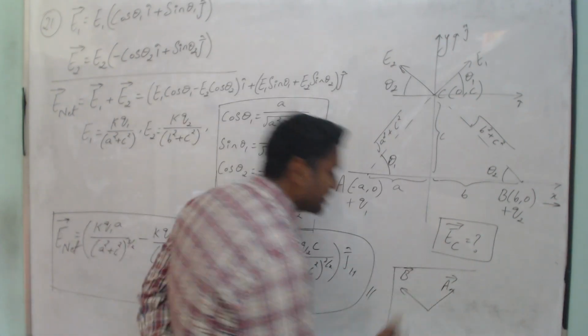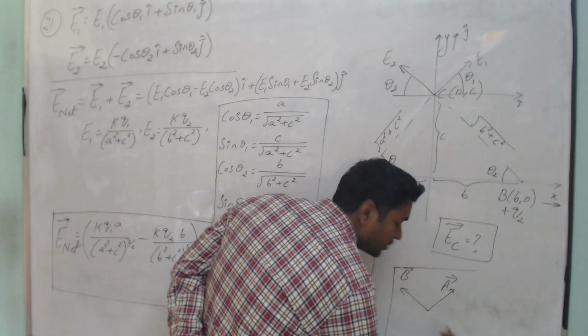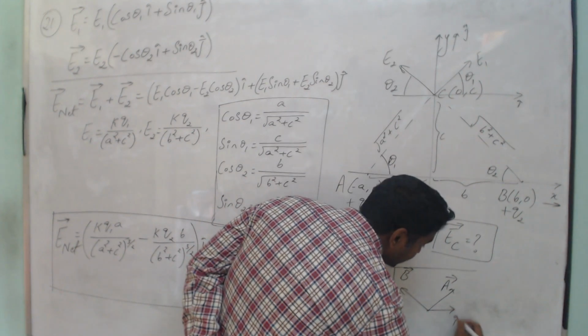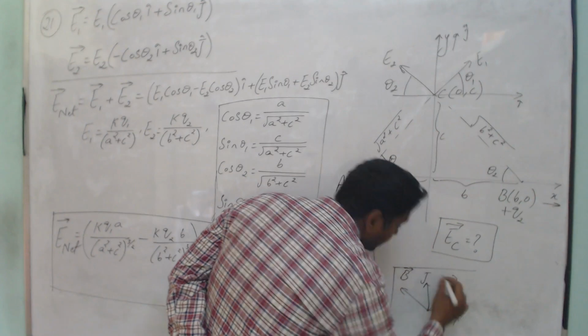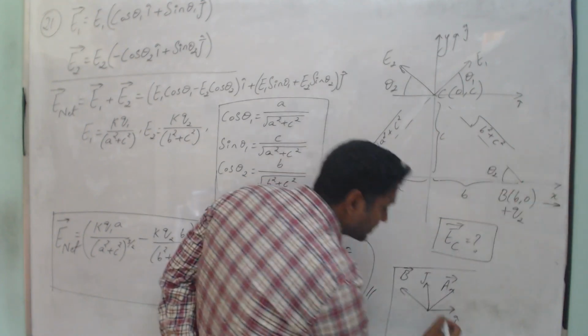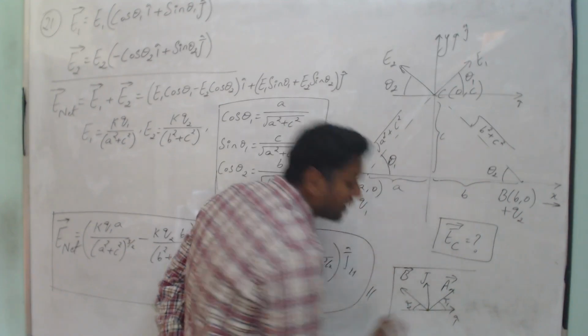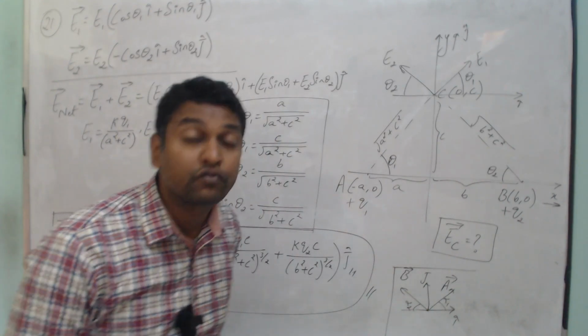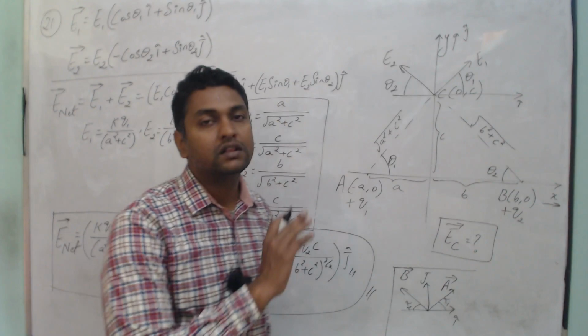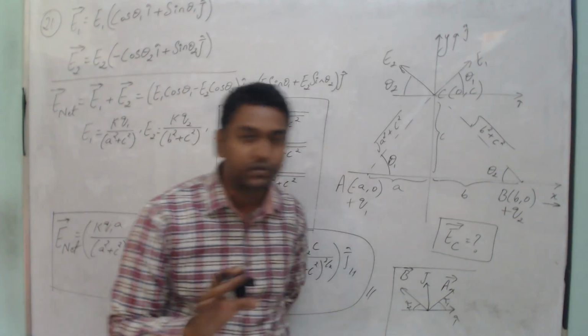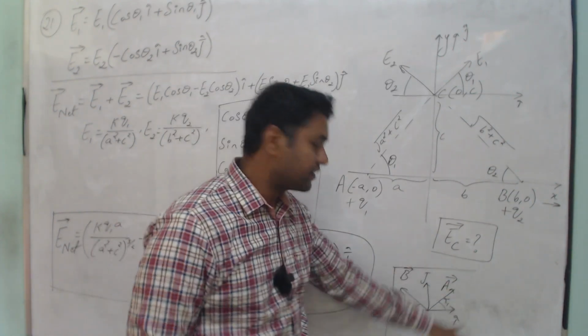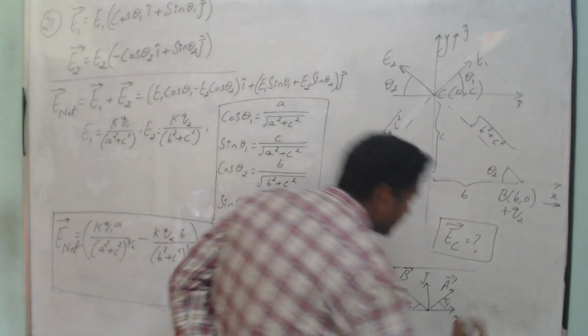The easiest way I can do is, I will choose this fellow as my origin, this as I cap, this as J cap, and name my own angles. Let us say this angle is alpha 1, this angle is alpha 2. I put those angles acute for a purpose so that all the sines and cosines will be positive. Now, if I want to write the resultant of this, how will I write?